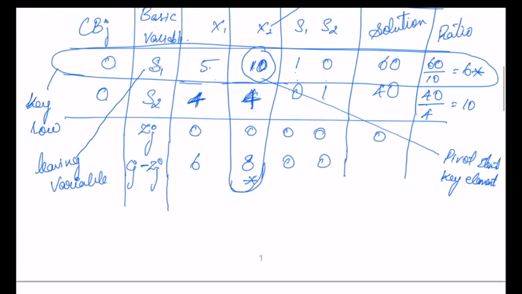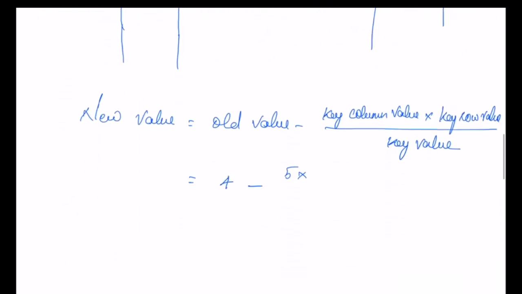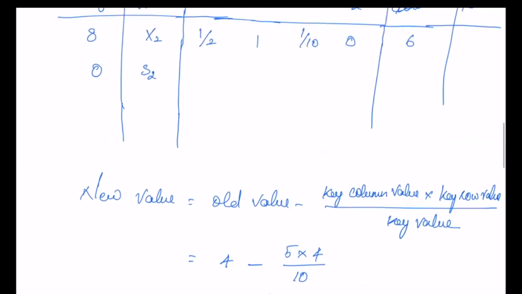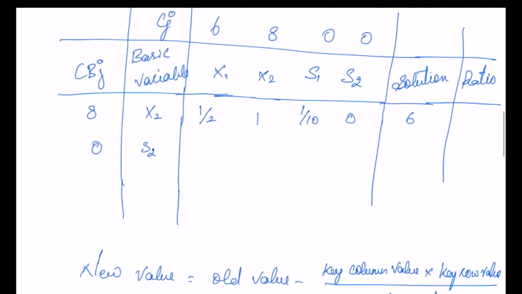The corresponding key row value for 4 is this 4, and the key value is 10, which is equal to 4 minus 20 by 10, that is equal to 4 minus 2, this is equal to 2. So here we are having 2. The new value for 4 is 2.